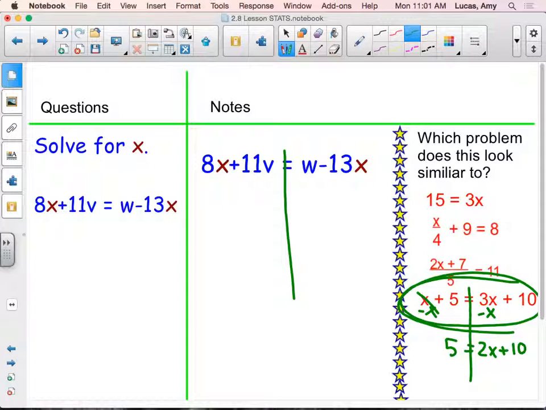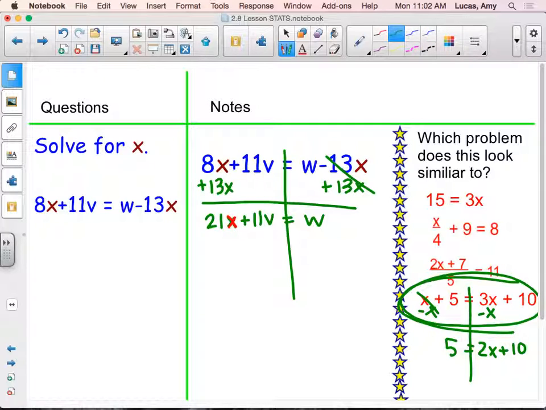So I am going to add 13x to cancel it out, and that will give me 21x plus 11v equals w. And we're trying to get the x by itself, so the 21x and 11v have to stay together.